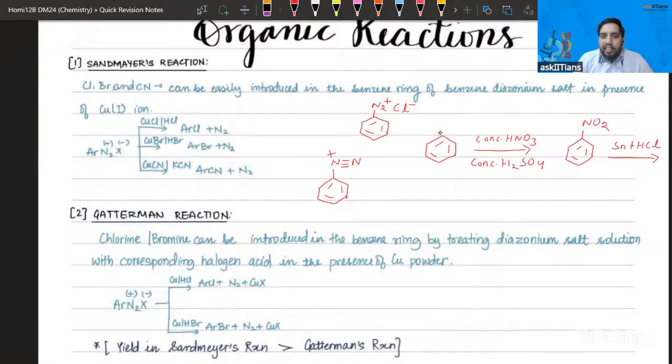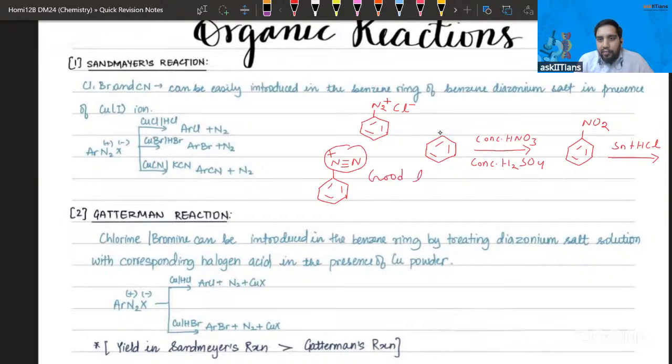This nitrogen connected with benzene carries a positive charge, due to which it is unstable. So to get stabilized, what can be done here? This bond is going to be removed. So we can say this N2 positive group is a good leaving group.